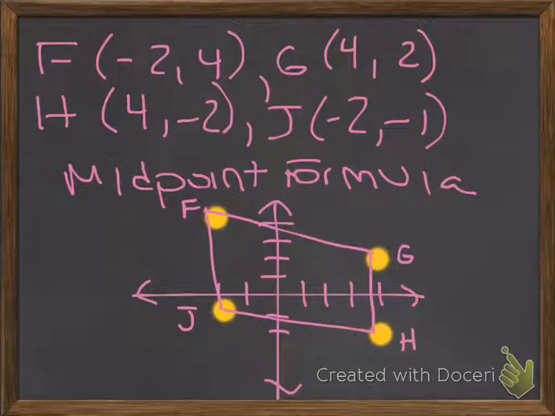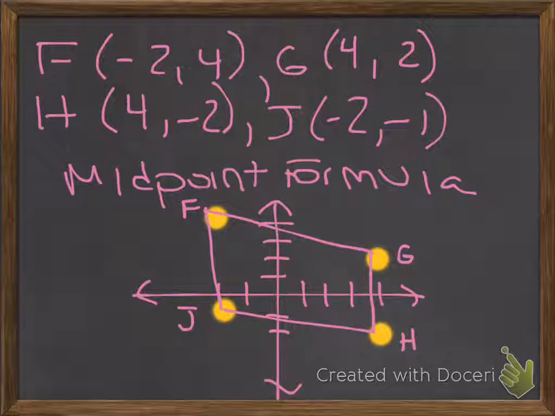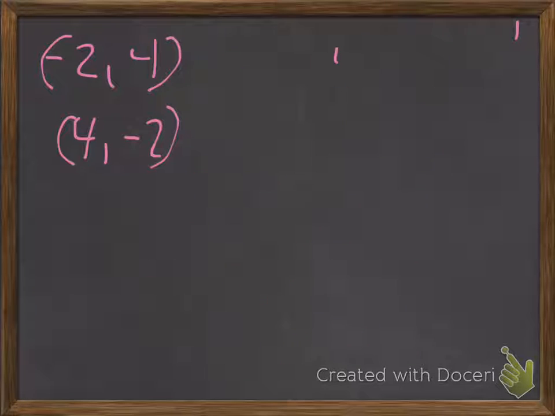So we need the midpoints of FH and GJ. So FH, negative 2, 4, and 4, negative 2. And then the midpoints of GJ, 4, 2, and negative 2, negative 1.